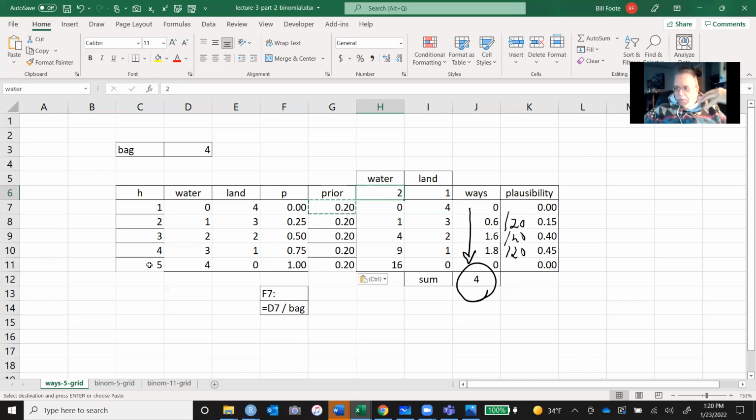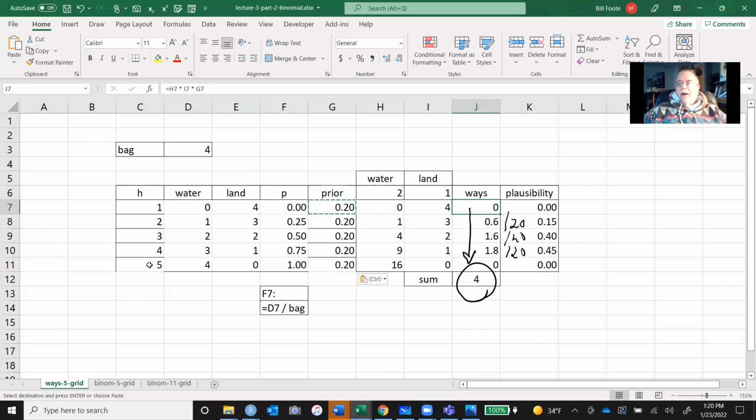But because of the magic of multiplication, we can do any order we want, because 1 times 3 is the same as 3 times 1. I mean, it doesn't matter. Okay, that order doesn't matter. What does matter is when we have water and we have 2 of them, we have to look at how many ways water can occur for each of these hypotheses. And we did so, and we multiplied them all through. What did we mean by multiply all through?